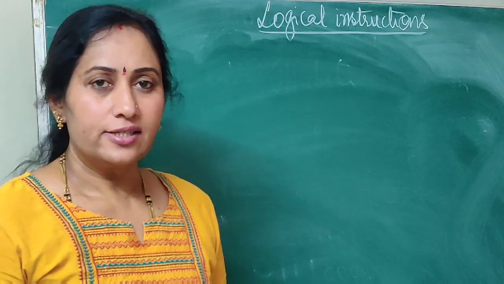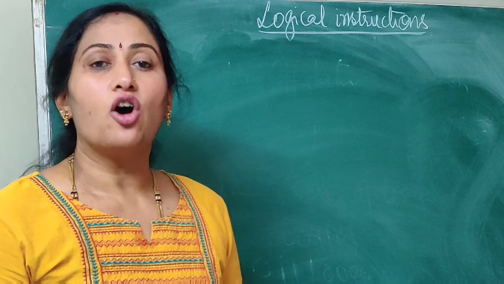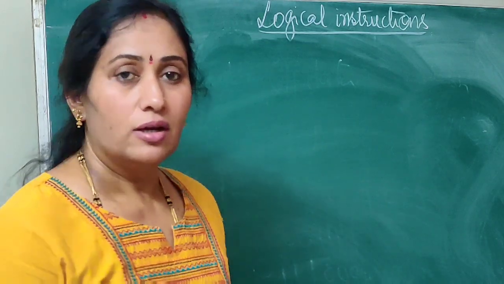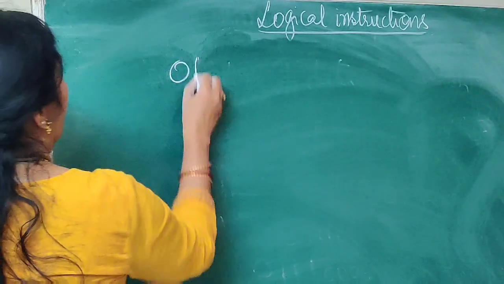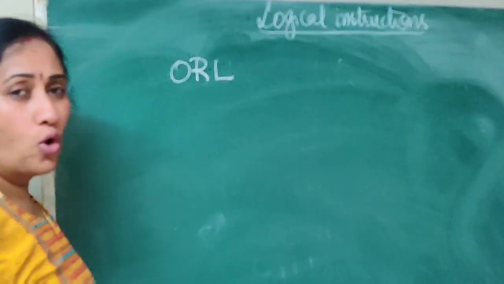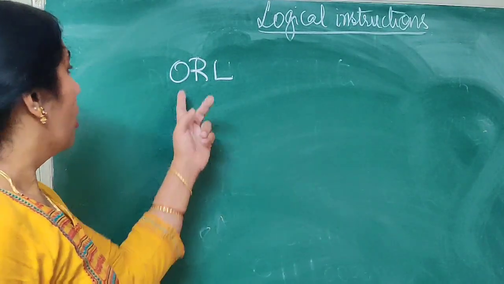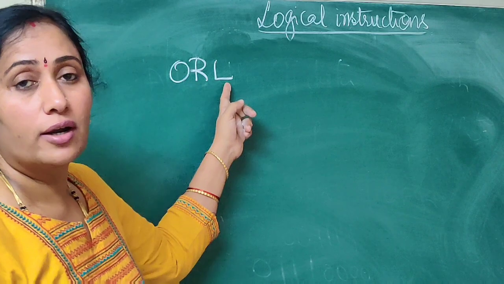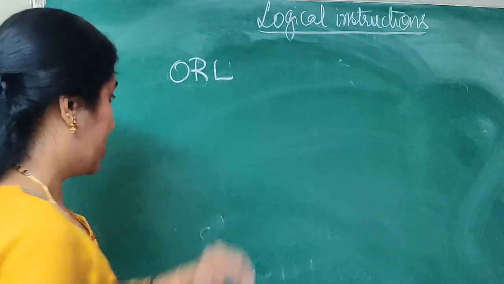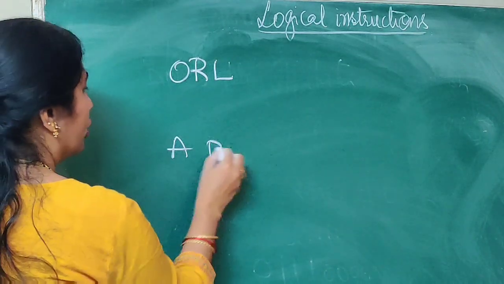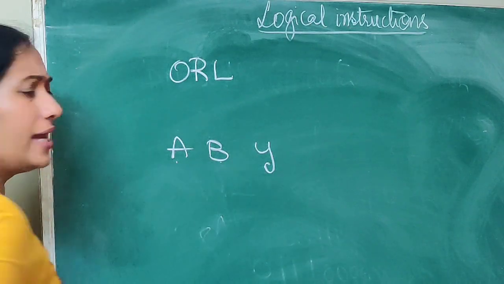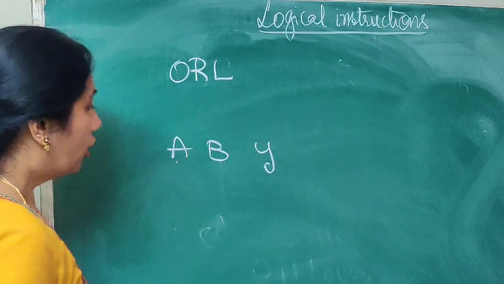We'll move on to the next instruction, which performs the basic OR operation between the bytes. Here we are going to have the opcode ORL, or logically. I think you all remember the OR gate operation. Let me write the truth table over here. A, B are the two inputs and Y is the output.